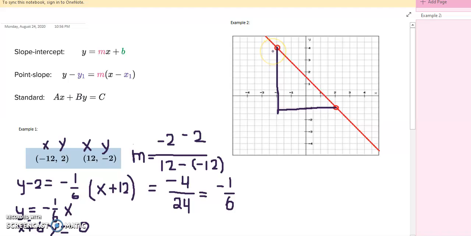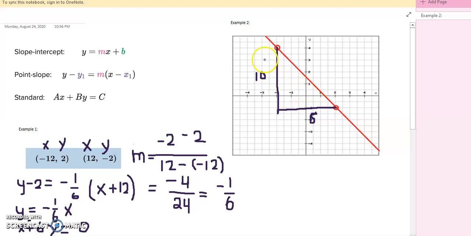So I'm just going to count the boxes. 1, 2, 3, 4, 5, 6, 7, 8, 9, 10. So the rise is 10. And then the run is 1, 2, 3, 4, 5, 6, 7, 8. So the run is 8.